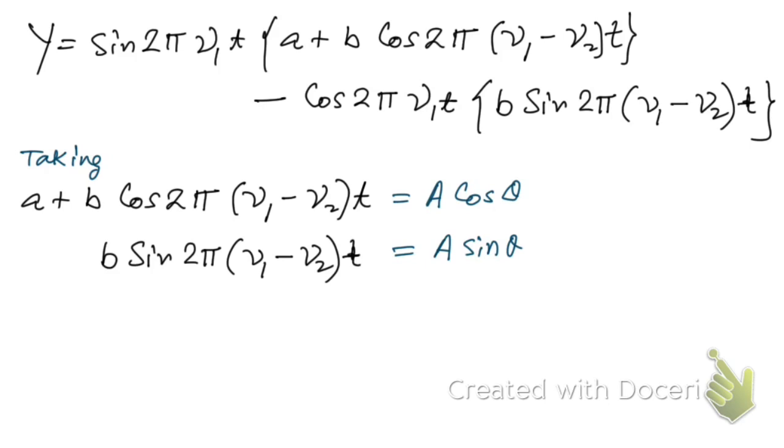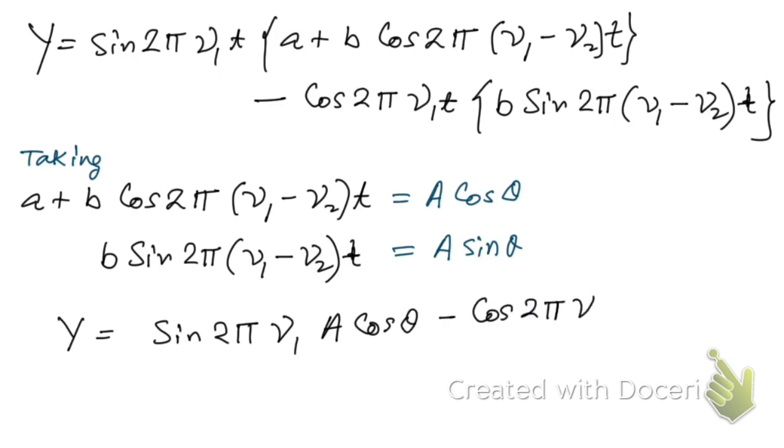So if we use these two in the above equation, then this equation will be of this form: sine 2 pi nu1 t a cos theta minus cos 2 pi nu1 t, oh sorry, I missed the t here, then a sin theta.